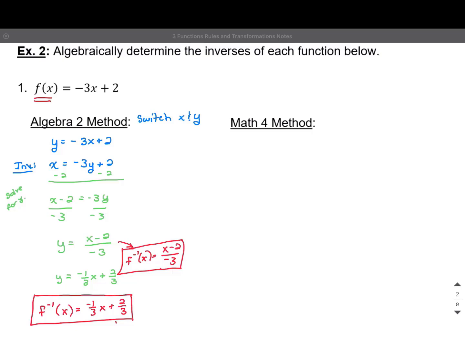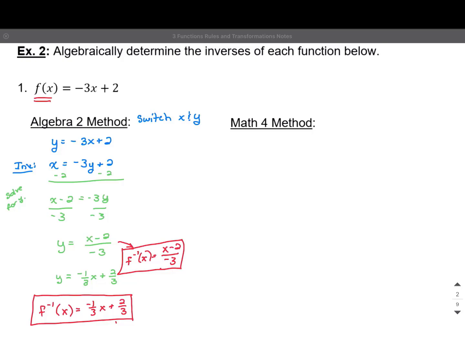And I will be honest, this Math 4 method doesn't work for some of the more complicated problems. But it's nice to know if you have some of the easy ones, it's very quick to do. The Math 4 method, remember, inverses are opposite functions. They undo each other.